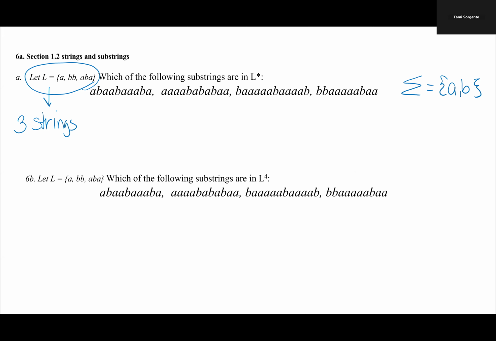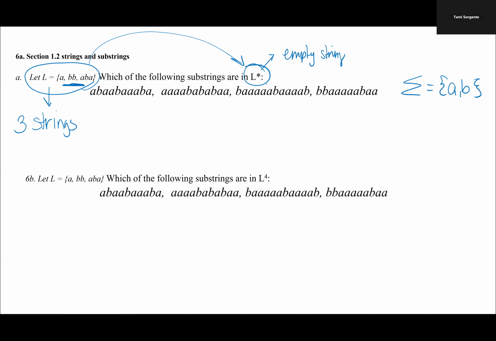My language has 3 strings, but I can take the star of that language, and what that means is I can concatenate these strings that are in my language. Also with the star, that includes the empty string, which we will be doing a lot this semester as well. So I can concatenate these substrings in my language in any way, an infinite number of times.